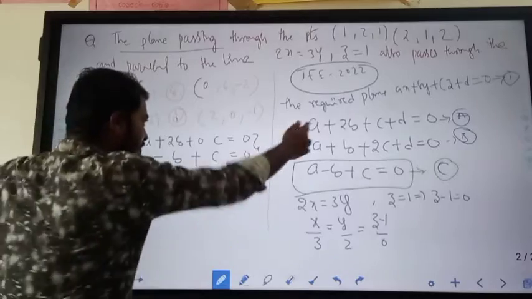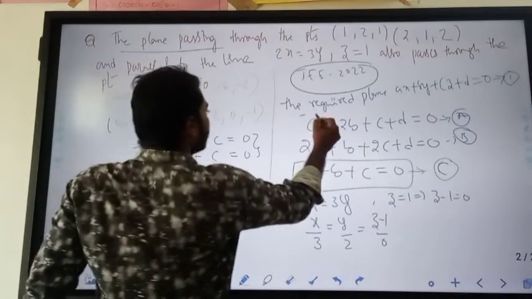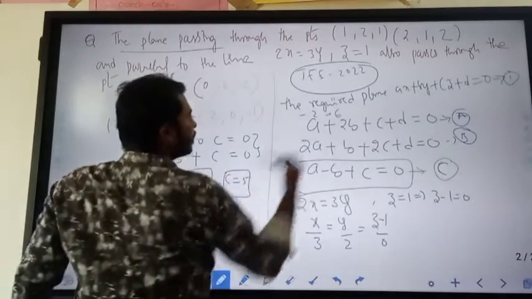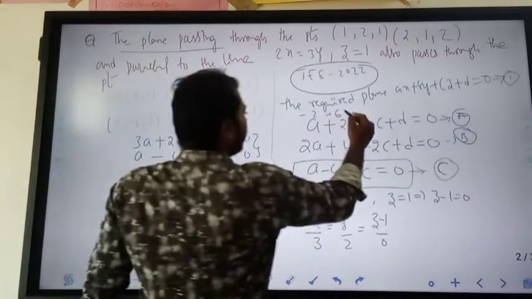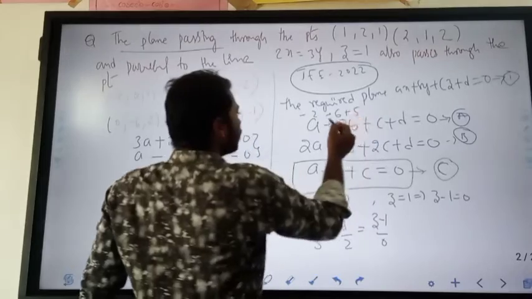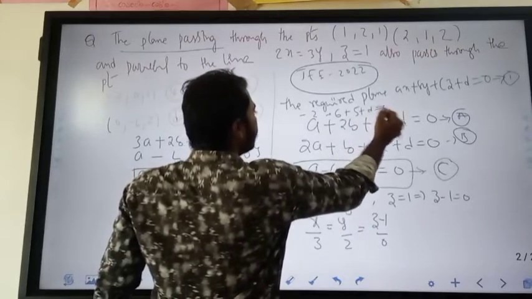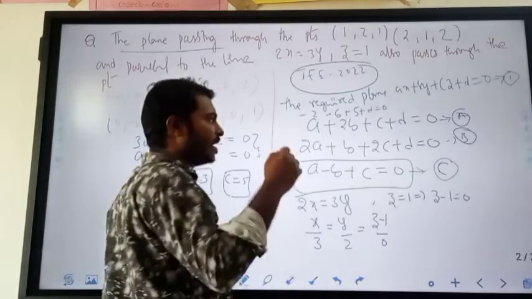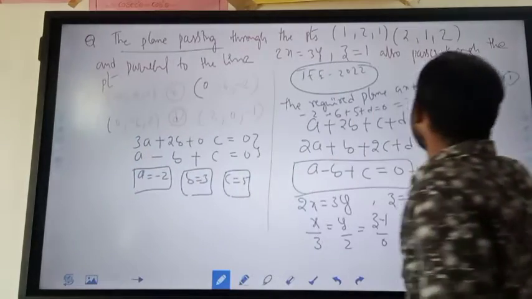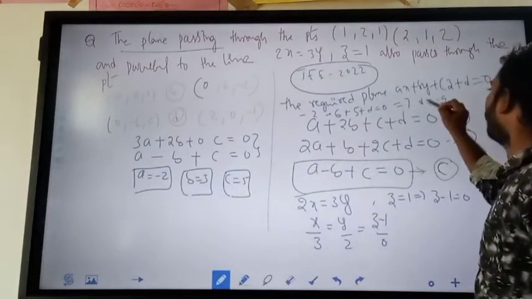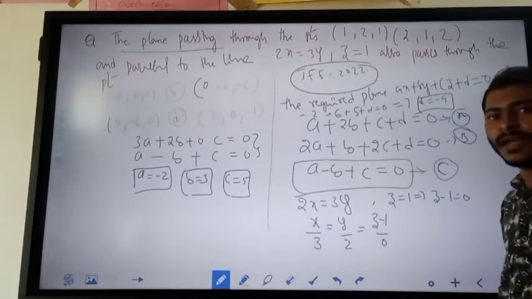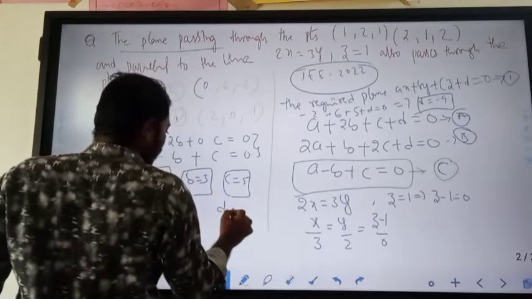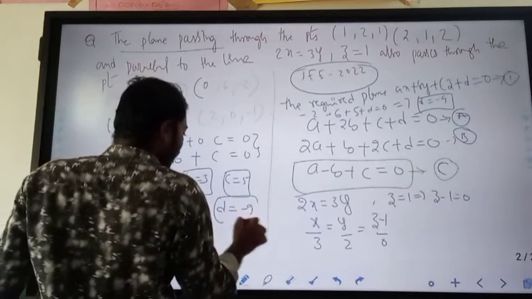When we substitute in this equation, we get -2 + 2 into 3 is 6, plus 5, which is 11; 11 minus 2 is 9, plus d equal to 0. So the d value is -9.